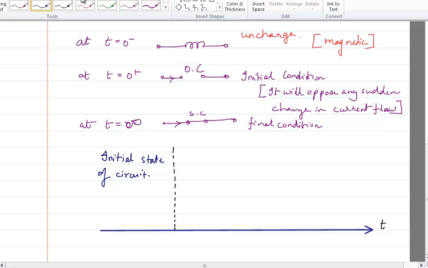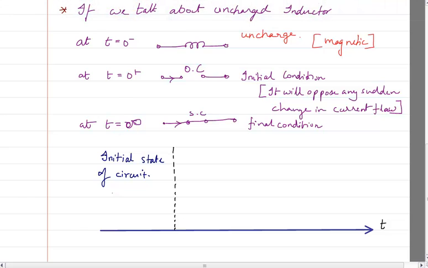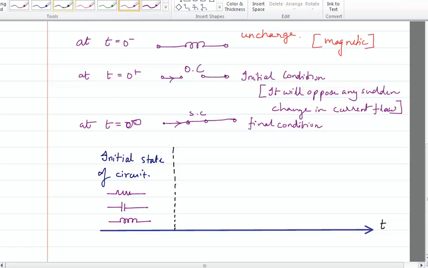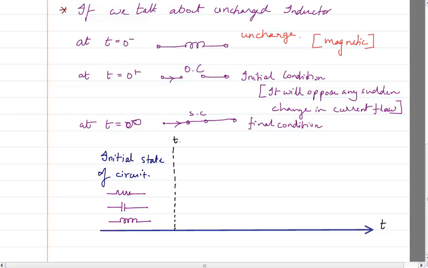So what will be the initial state? Here the initial state will be that the resistance will remain as a resistance, the capacitance will be as a capacitance, and the inductor will remain as an inductor. And then at t equal to 0, you are making a switch, you apply a switch.